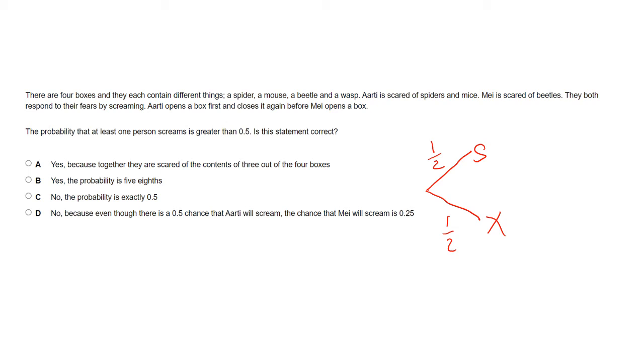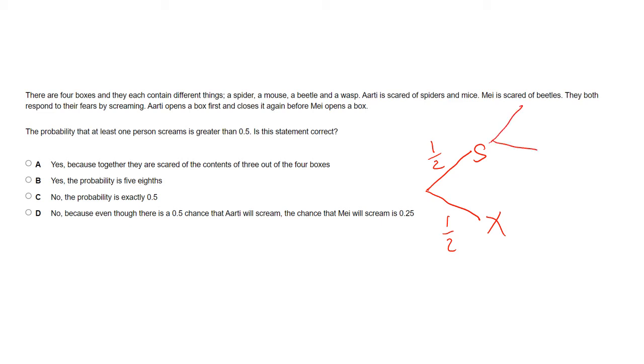And then separately, so it's an independent event because the box has been closed again, nothing's been taken out of them. So it's just independently, we can now do the same thing for May and say, right, this time she's only scared of 1 out of the 4 things. So there's obviously a 1 in 4 chance. In other words, a probability that she screams is 1/4.